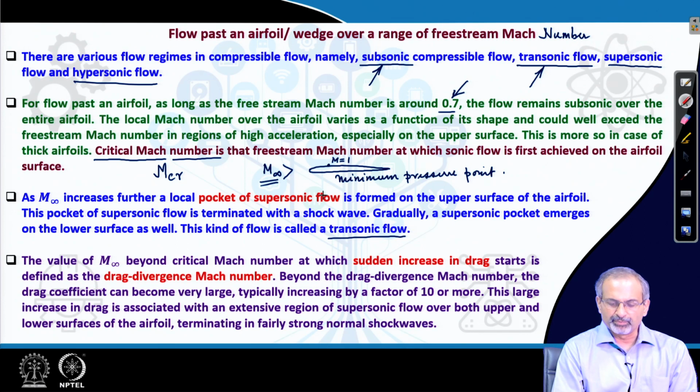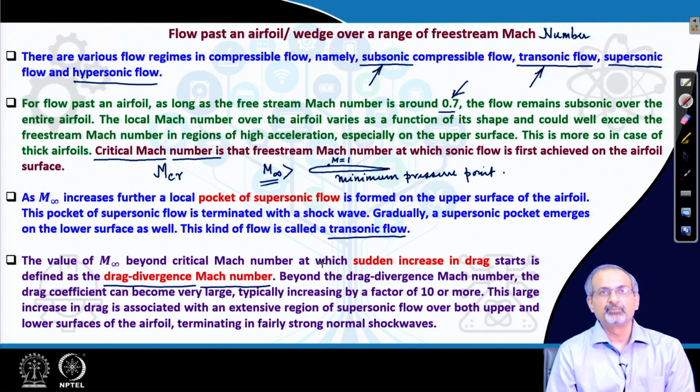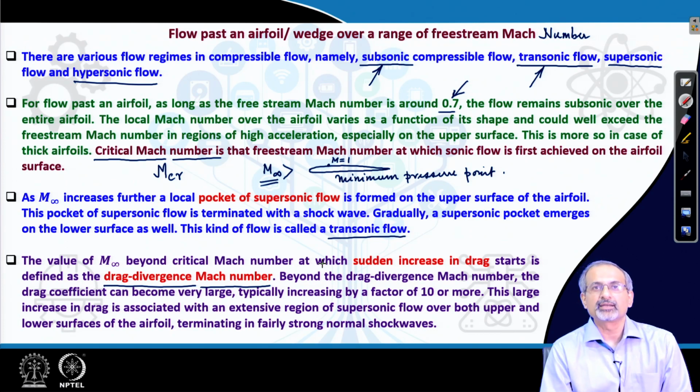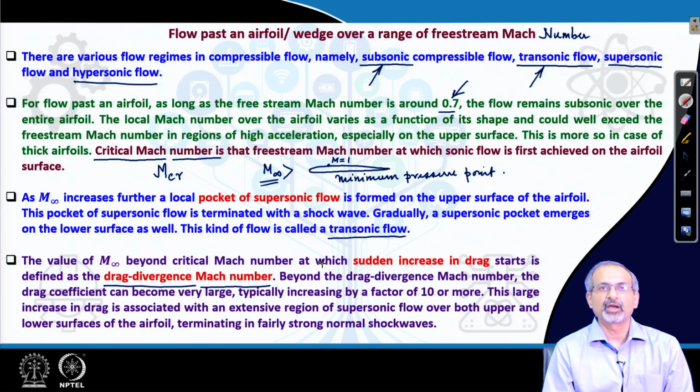As you move beyond the critical Mach number, there is a point which we call the drag divergence Mach number, beyond which the drag starts increasing quite dramatically, and sometimes the drag increase could be manifold, maybe one order higher. That means about 10 times higher than what you had before the critical Mach number.